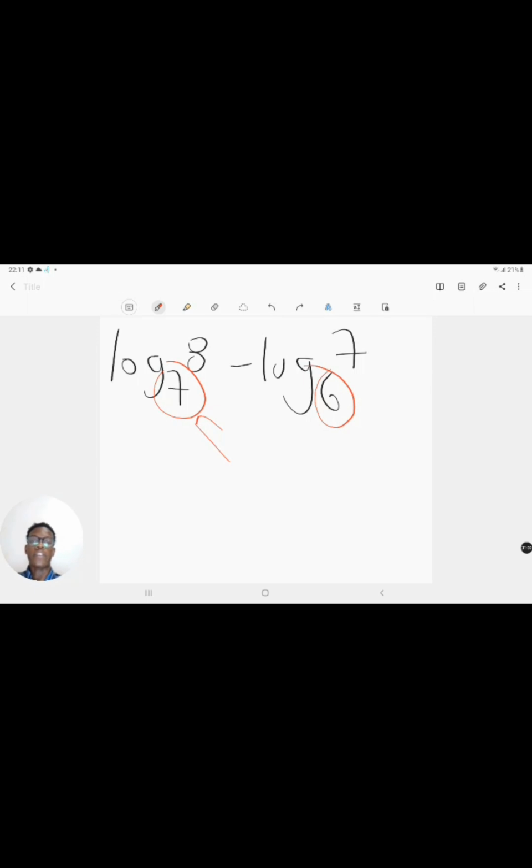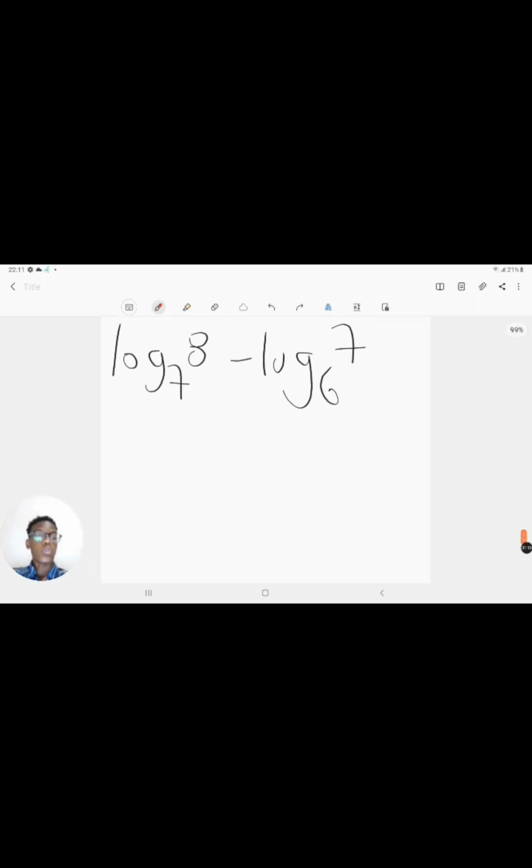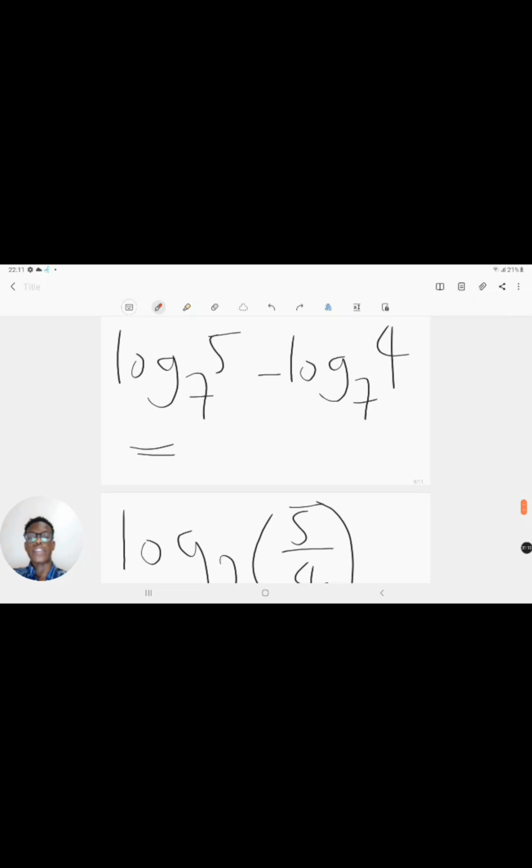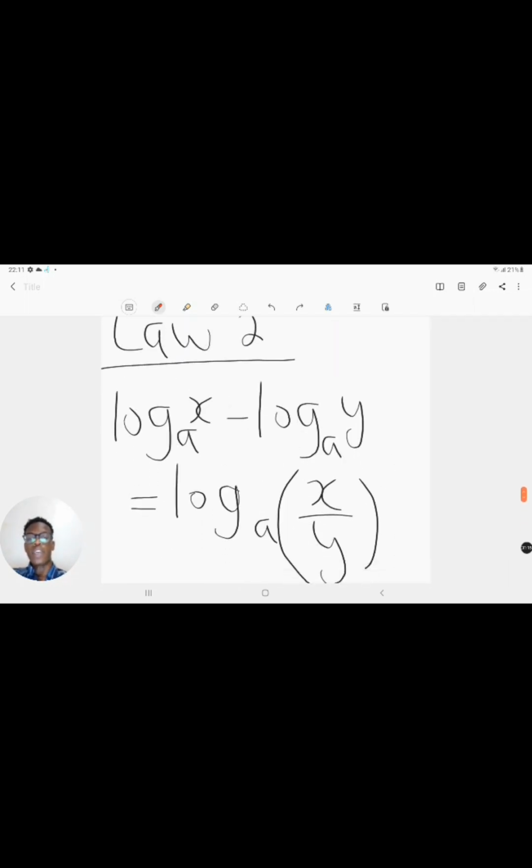So the bases are different, so law number 2 does not apply. Remember, law number 2 only applies if the bases are the same. If the bases are the same, a just has to be greater than 1. We don't care what a is, it just has to be greater than 1. Okay, then this law can apply.